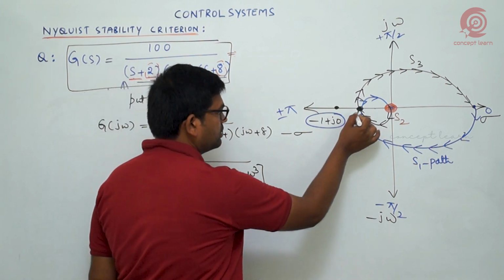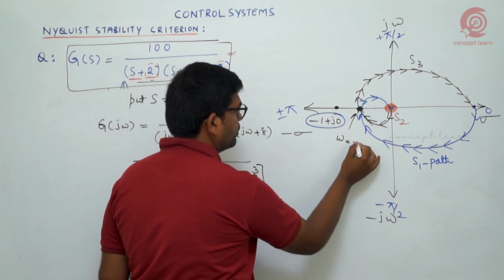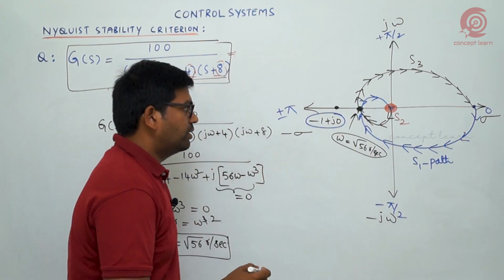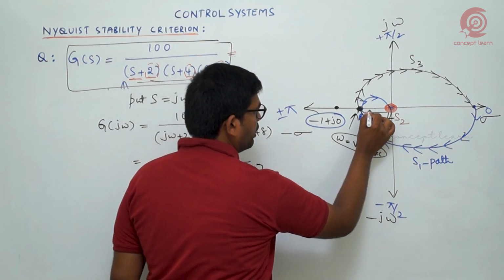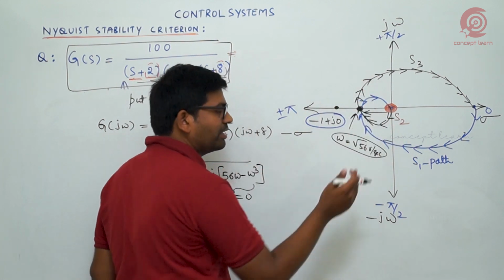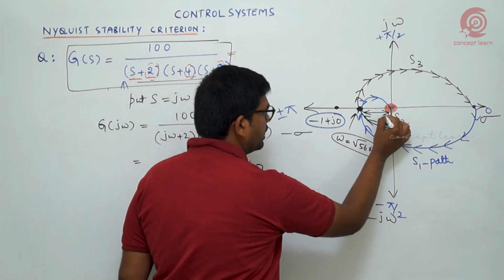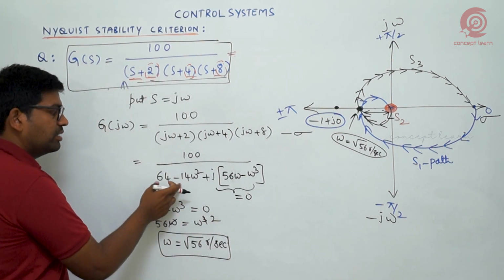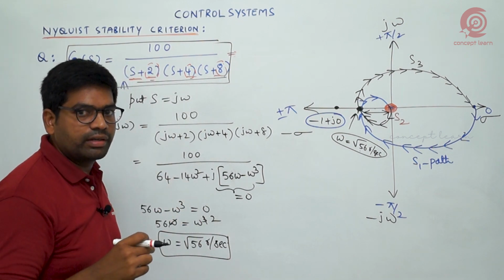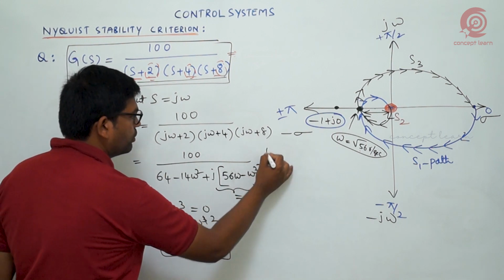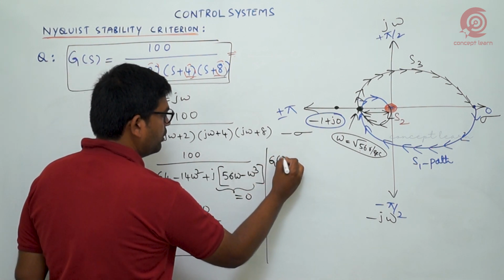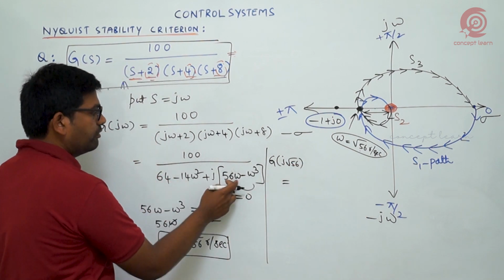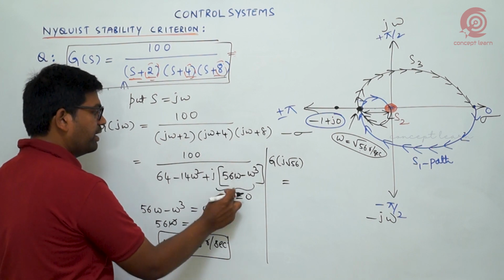Exactly at this frequency, omega is equal to root 56 radians per second, the imaginary part is 0. So how to find at what point it is intersecting this negative axis, the distance from the origin? When I substitute this frequency in this gain, I will get that point. G of j omega, if I substitute root 56, this portion becomes 0.